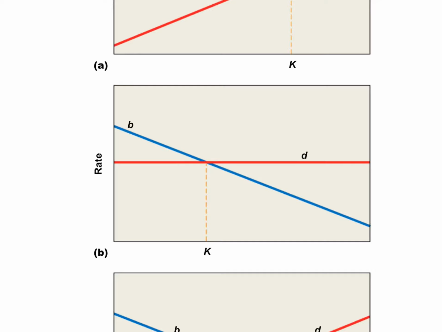Okay, in panel B, mortality is independent, so notice that it's not changing, right? But our birth rate is dependent on population size. It's declining, so we have an inverse relationship between birth rate and population size, okay? And again, at K, that's when our birth and death rates should be equal, and that's where the population size should stabilize, okay?